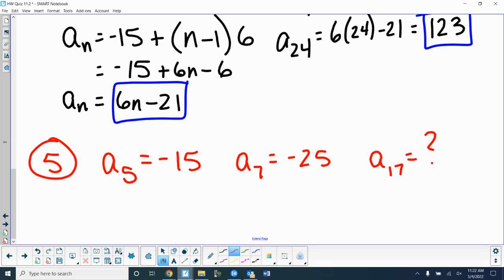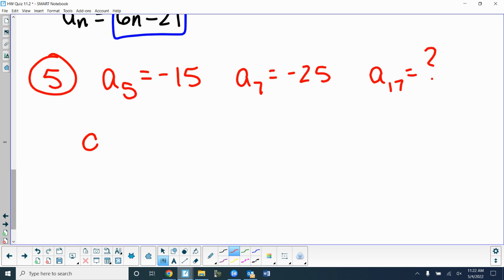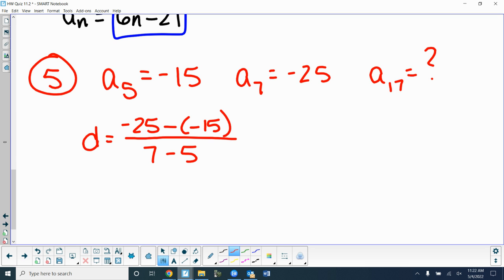So to find D, you take the 7th term, what actually it is, minus the 5th term, divided by the number of terms, 7 minus 5. So what's that, negative 10 divided by 2, so that's negative 5. So we're going down by 5 each time.